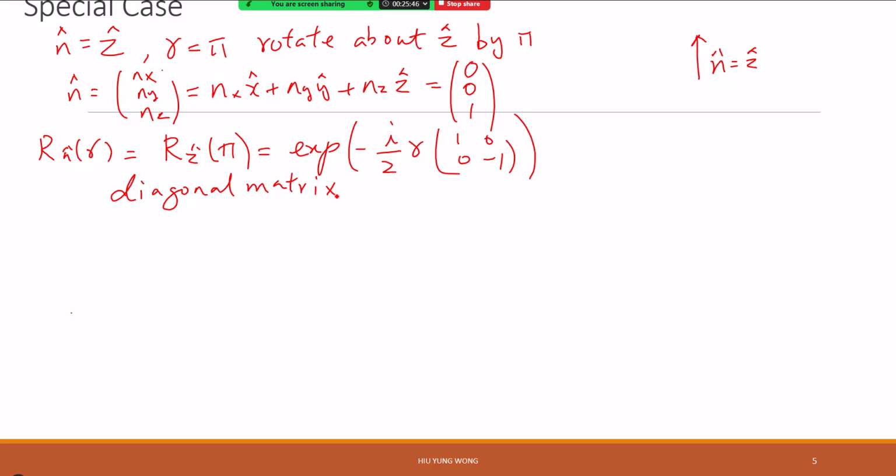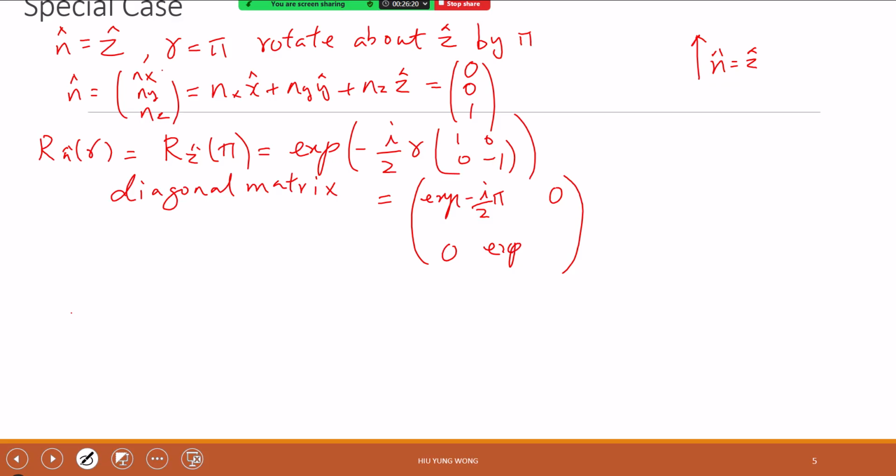So when we do exponentiation, this is just exponentiating the individual elements. We only exponentiate the diagonal, and the off-diagonal terms will be 0. I will prove to you that this is correct, but now you just trust me.